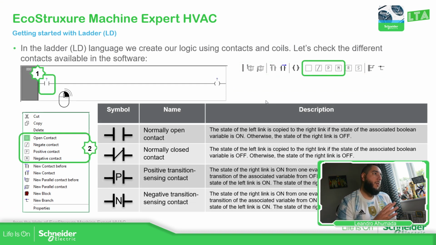in this ladder language we have different kinds of contacts. We have normally closed, normally open, as you can see here. Normally open, normally closed, and then we have positive and negative edge.